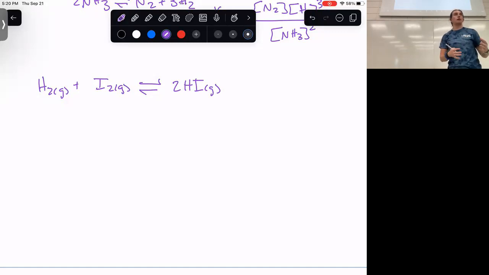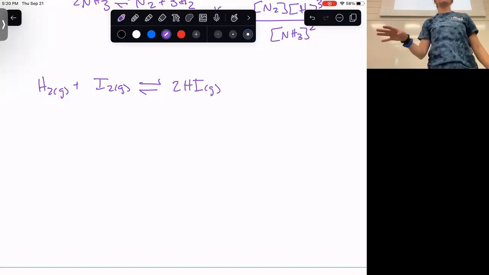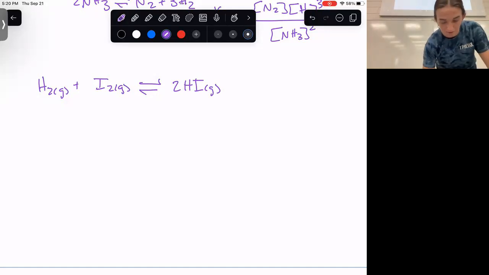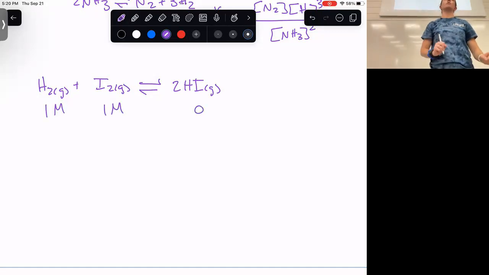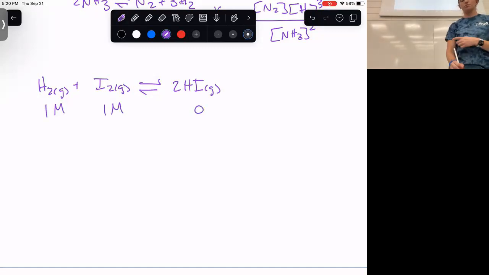The whole point of equilibrium is that you're going to start off with your reactants. You'll have some concentration of reactants and you'll have no concentration of products. So we could say we have 1 molar of this and 1 molar of that and 0 molar of your product. If we have all reactants and no products, which way is our reaction most likely going to proceed?